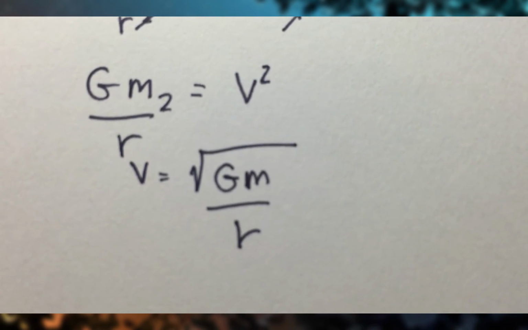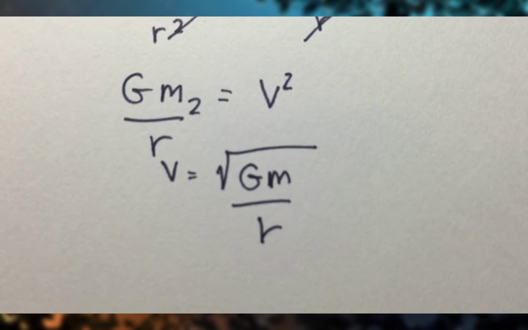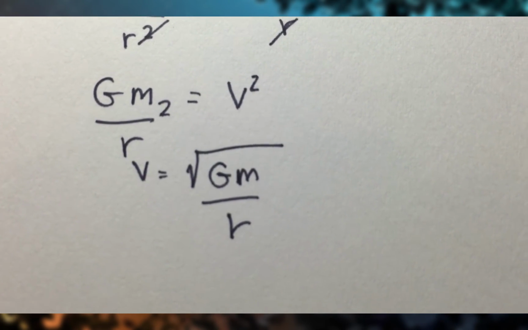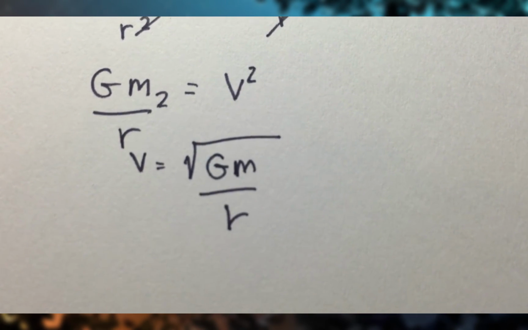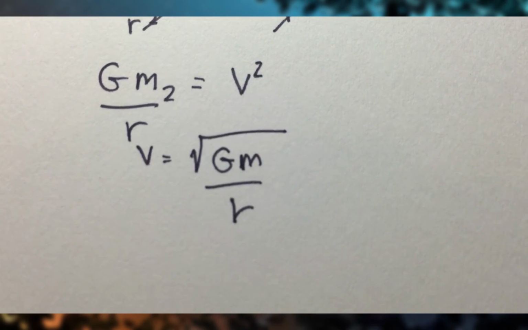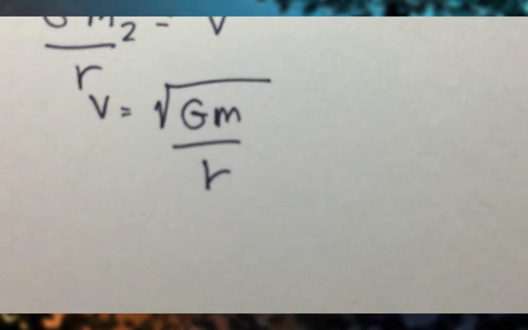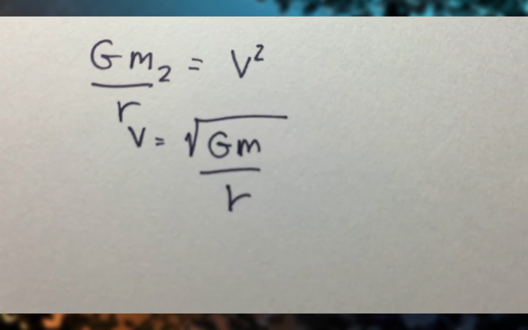Now we get that the orbital velocity equals the square root of the big G times the mass divided by the distance. And keep in mind, this distance isn't the radius, but the distance between centers of mass of the two objects.